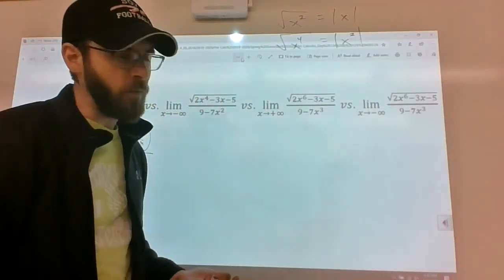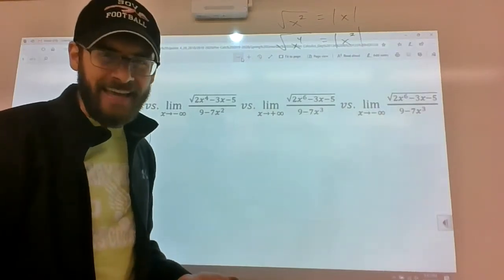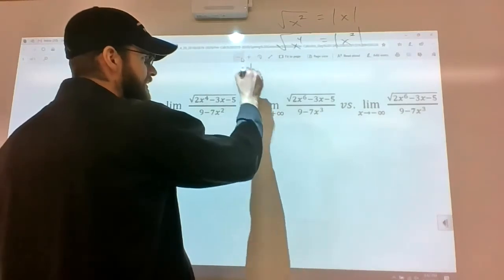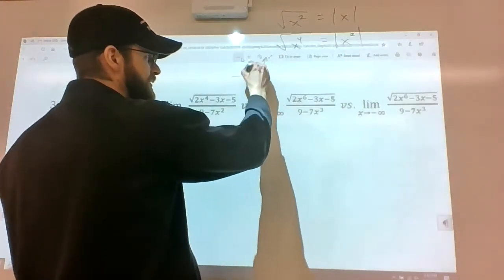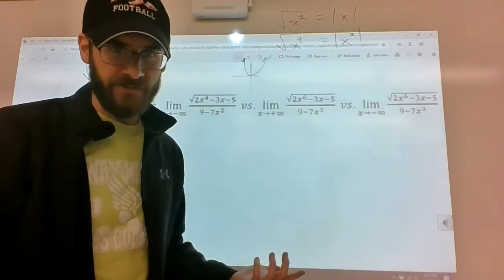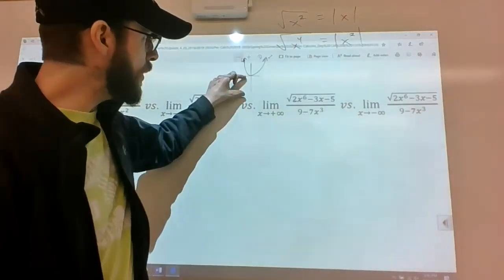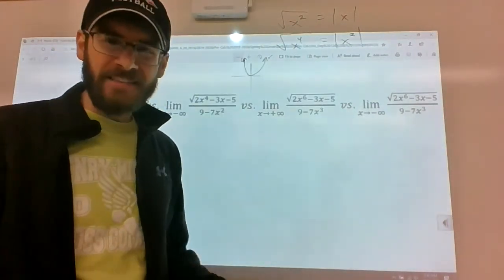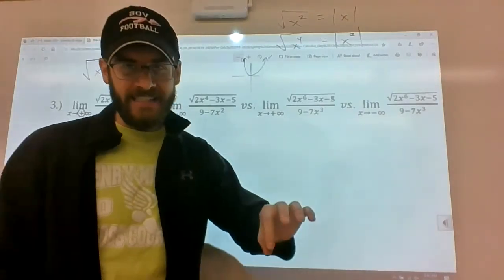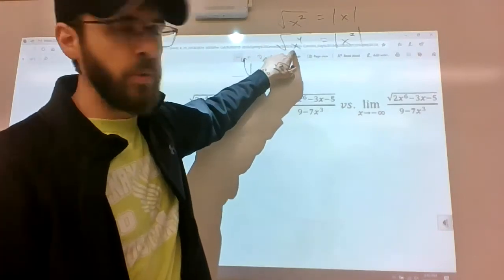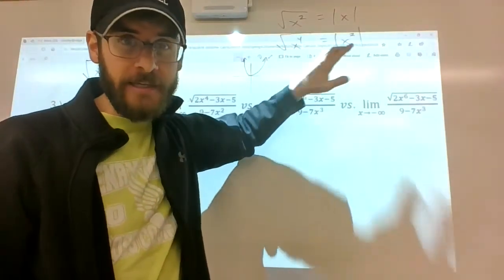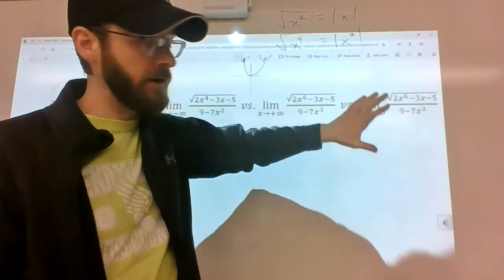Well, here's the reason why. X squared can't be negative. I mean, think about it. Here's what x squared looks like as a graph. Where's that below the x-axis? Where is that negative? Nowhere. How can I take a number times itself and be negative? You can't. So this whole idea that this will yield both a positive x squared and a negative x squared is not on the table anymore.